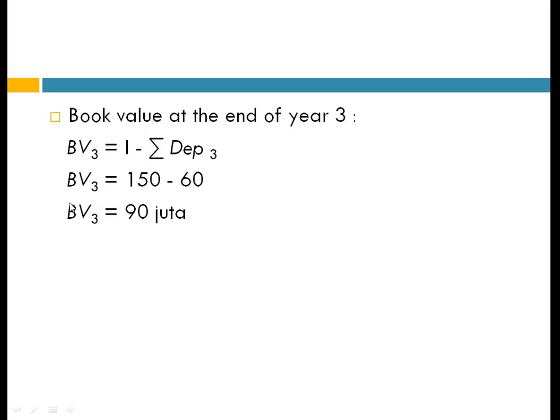So the book value of year 3 is 90 million. If you want to resell your asset, which is your minibus, to the market, the right price will be 90 million.